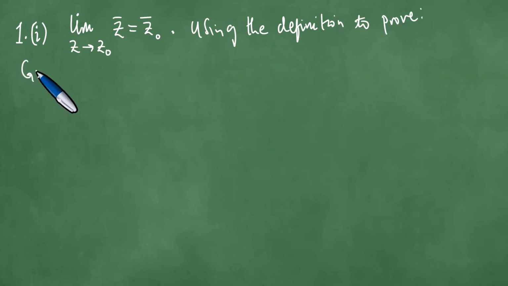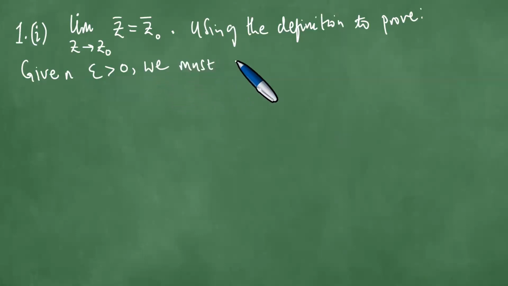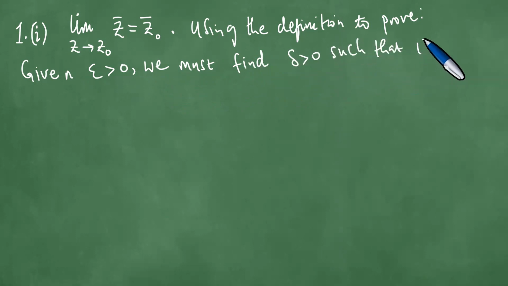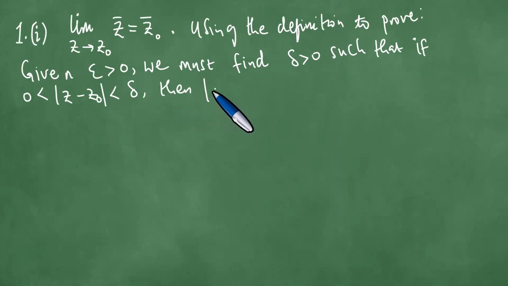we proceed as follows, and we say given epsilon positive, we must find delta positive such that if 0 is less than the modulus of z minus z sub 0, less than delta, then the modulus of z bar minus z naught bar is less than epsilon.